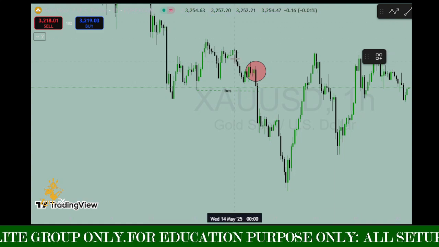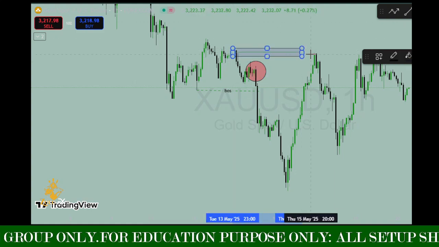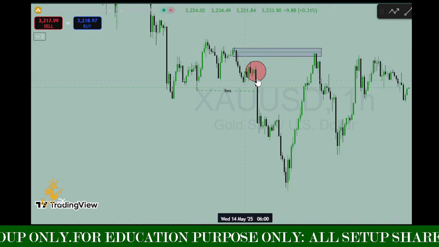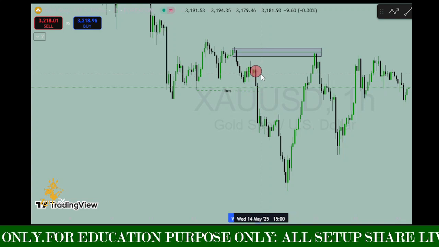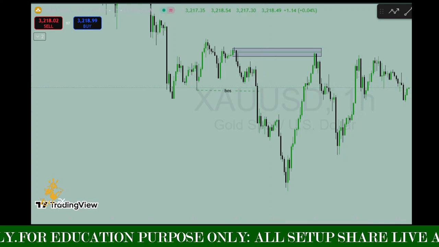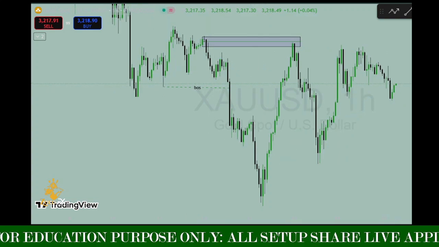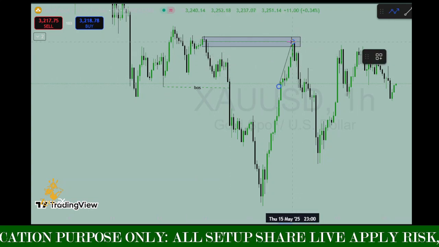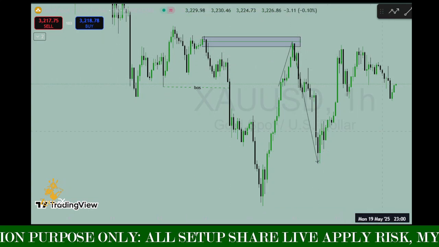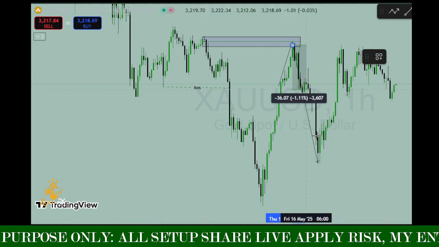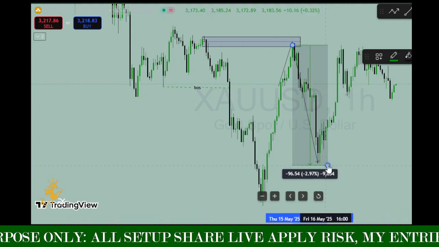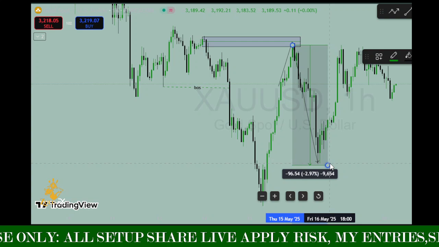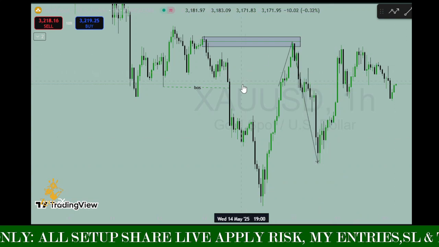You could have focused on this small order block, or a point of interest. Other people may call it a point of interest. So you can see clearly when the price pushed and took out this liquidity, tapping on that POI, it dropped about 160 pips, which is good in gold.